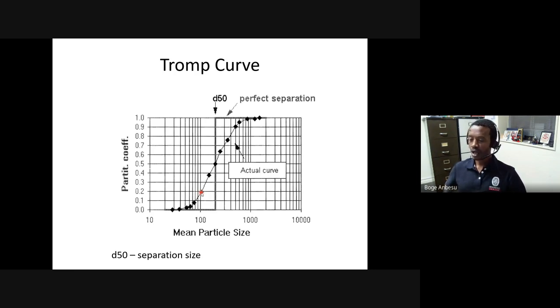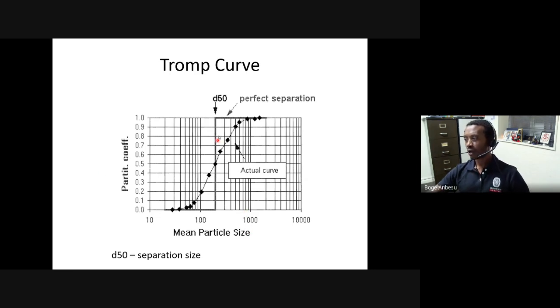So in this case, about 20% of the particles, which are about 100 millimeter in size, instead of going all to the fine fraction, 20% of them report to the coarse fraction. So this partition coefficient was built by taking any given particle size and working out the proportion of them going into the coarse fraction and the proportion of them going into the fine fraction.